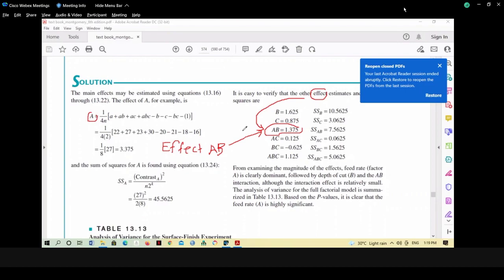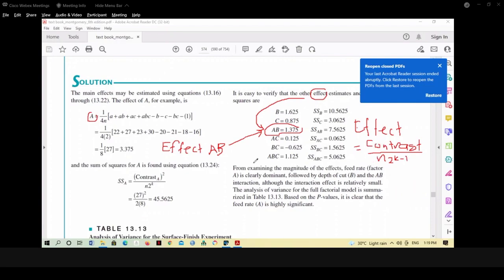Remember, the formula to calculate the effects: effect is equal to contrast divided by n, the number of replicates, times 2 to the power of k minus 1, where 2 is the number of levels and k the number of factors.